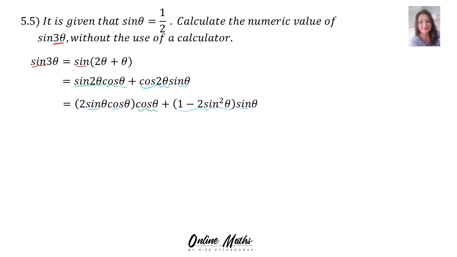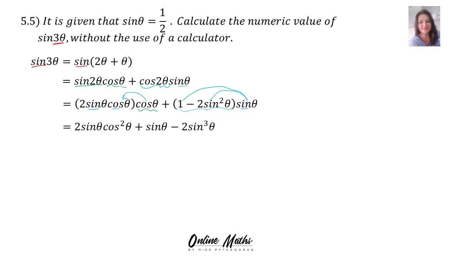So in the next step I'm going to multiply in this cos theta, and I end with 2 sin theta cos squared theta plus, and then on this side I multiplied in the sin theta, so I end with sin theta minus 2 sin cubed theta.